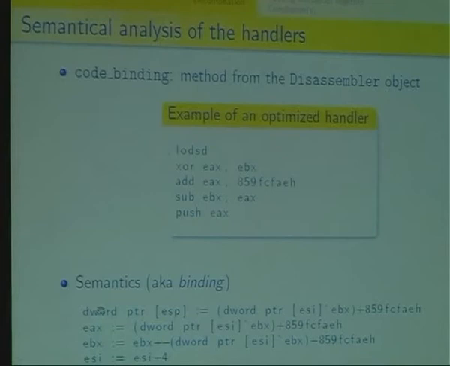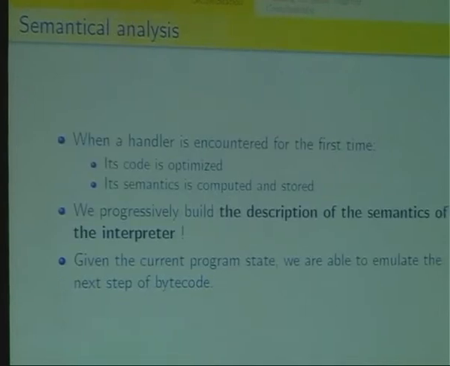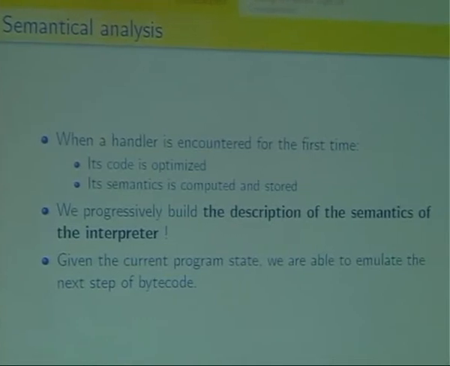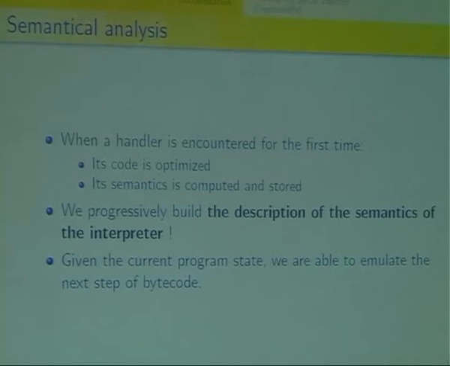The semantics is a set of symbolic expressions that encode all the effects of this basic block. Doing so, we progressively build the whole description of the semantics of the interpreter. Actually, it's as if we rebuild the processor that is used by the virtual machine. We totally automated this. When a new handler is encountered, it is automatically analyzed, optimized, and the result is put in a cache, and we load it on demand.